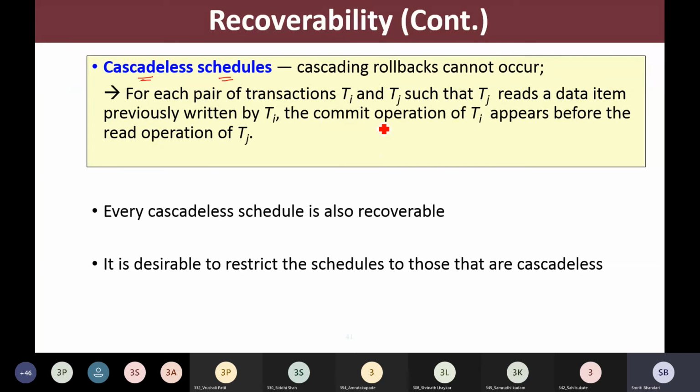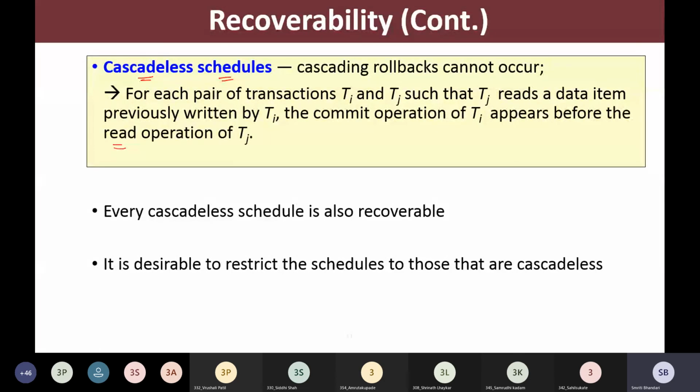For each pair of transactions Ti and Tj, such that Tj reads a data item previously written by Ti, the commit operation of Ti appears before the read operation of Tj. See the modification between recoverable and cascadeless schedules. In a recoverable schedule, if Tj is reading the data item written by Ti, then Ti should commit first and then Tj.